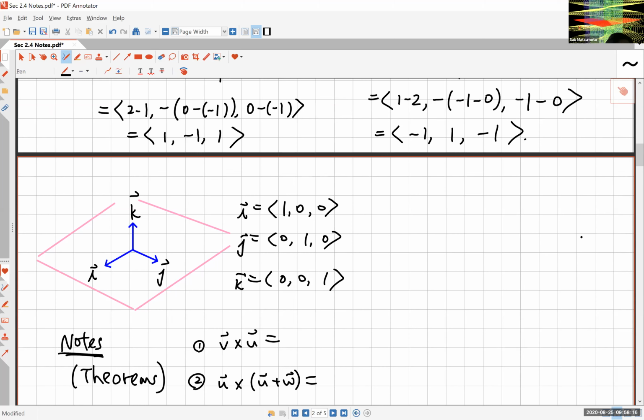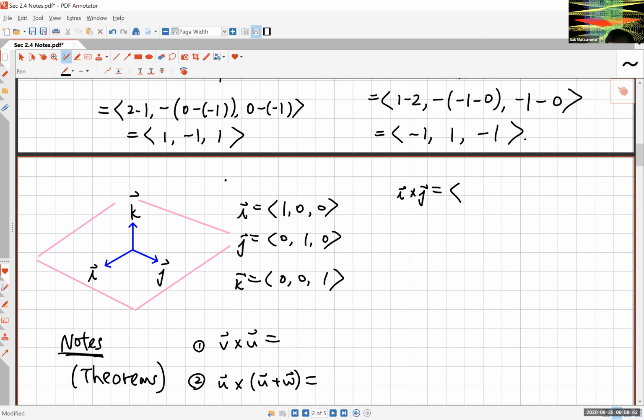All right, some interesting things about the standard unit vectors, I, J, and K. I is 1, 0, 0, J is 0, 1, 0, and K is 0, 0, 1. If you do I cross J, you can verify this on your own, or you can just look at this and imagine you have I, J, K here, and do this 3 by 3 matrix. You don't have to write these things at this point.